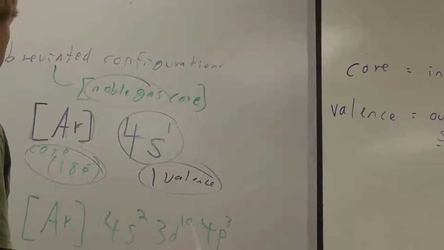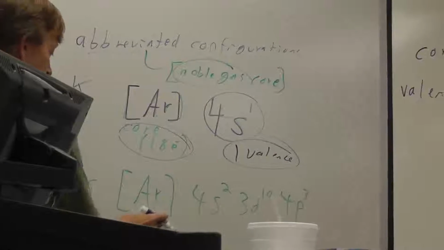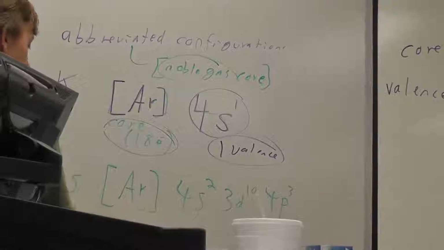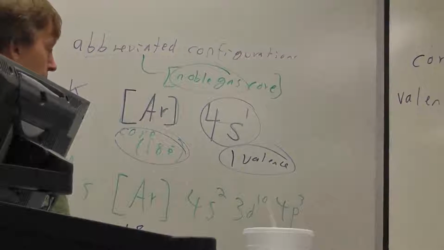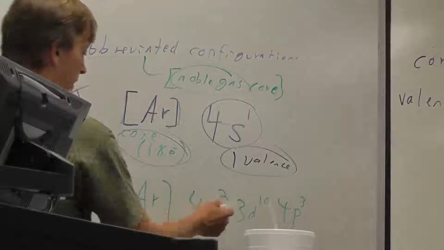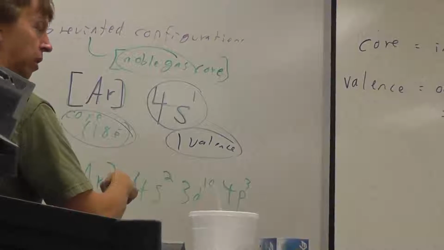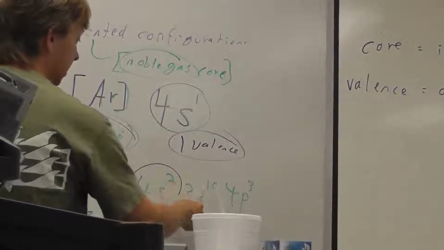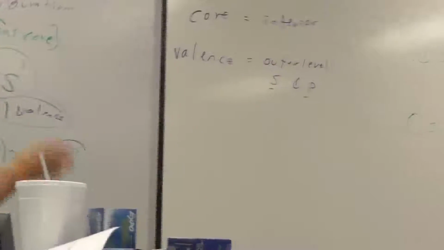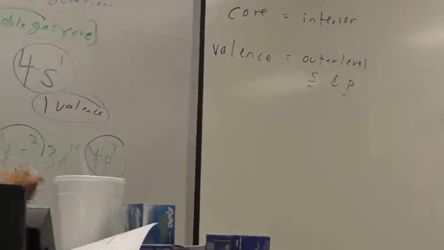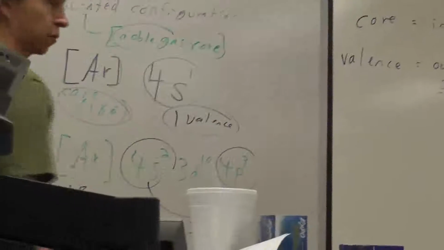For arsenic, how many core electrons? This is core. How many core electrons? 18. How many valence electrons? 5. Outer level's level 4. This is level 3. Level 3 is not outer. Plus, that's a D. And D's don't count as valence ever. It's specifically S and P sublevel. So this is 5 valence electrons.